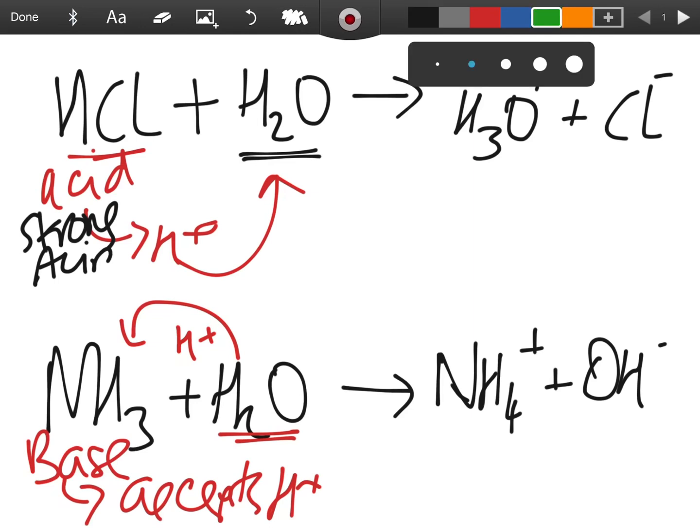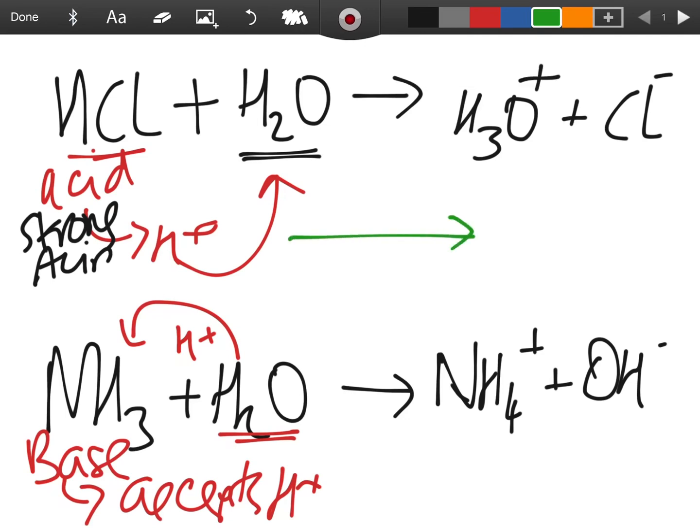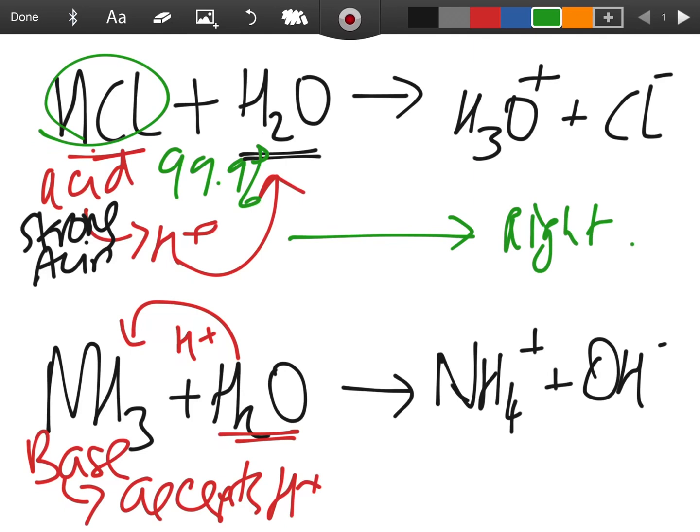Our definition of a strong acid is that it's a good proton donor, so it's going to dissociate fully, which would actually be Arrhenius' definition of a strong acid. HCl dissociates fully, 99.9% dissociation. So nearly 100% of the molecules will dissociate. So the equilibrium lies very much over to the right-hand side.